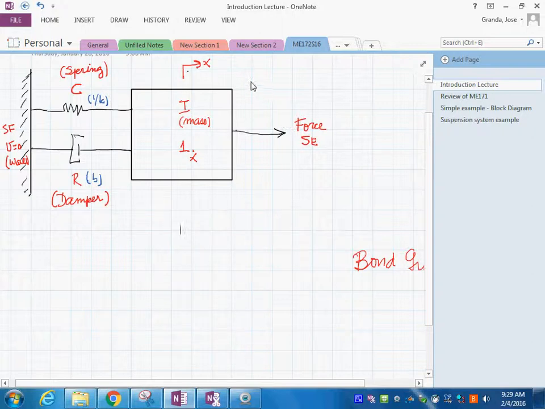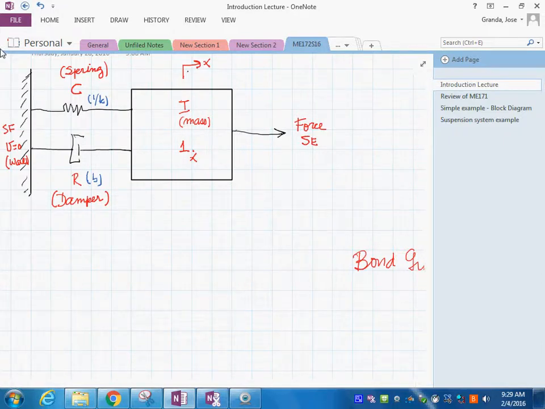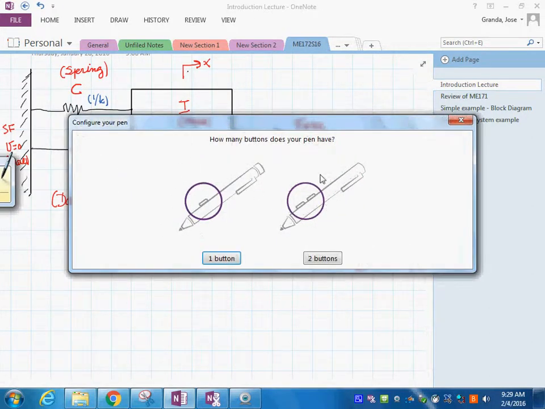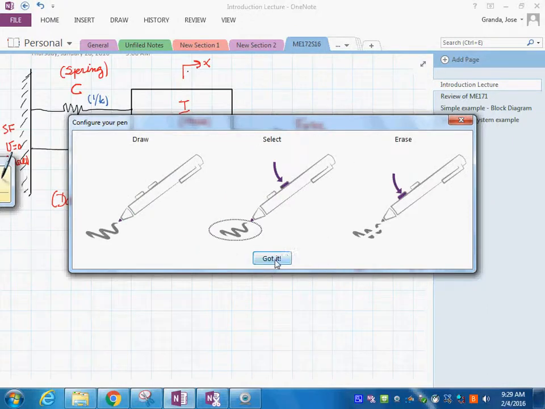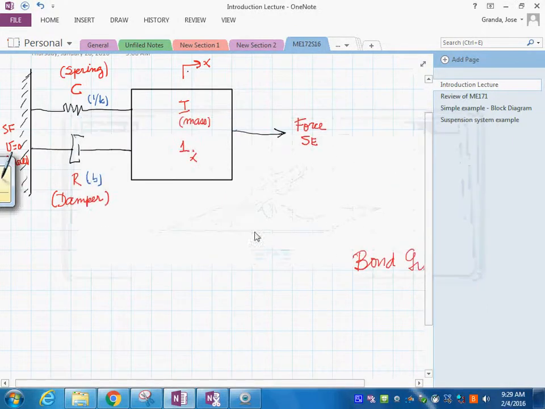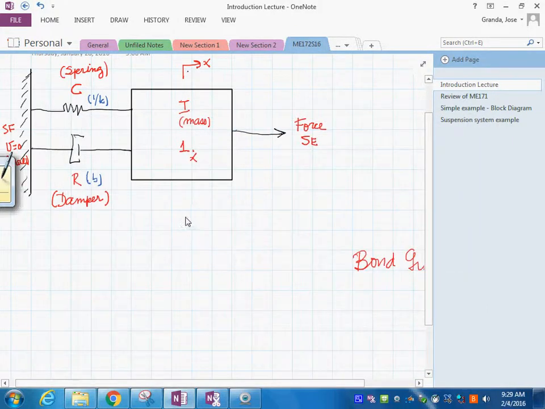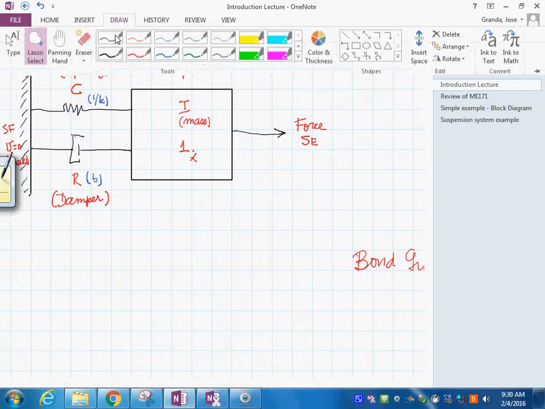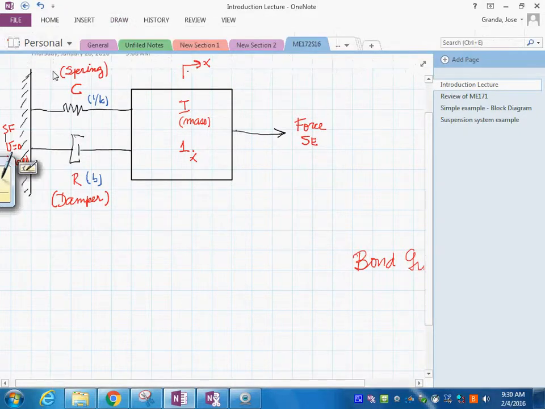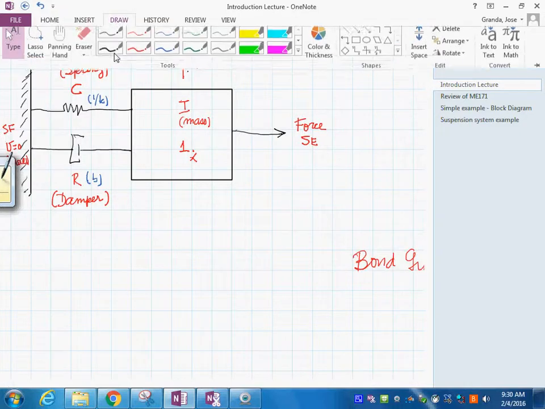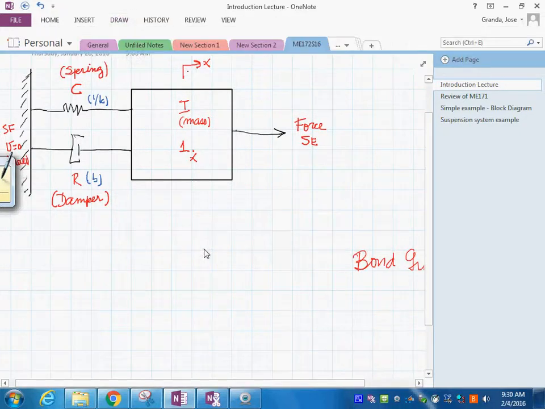Very good. So let's start now. And here I am going to take some steps that would allow me to do this model. So first of all, I need to be able to write on this, so I'm going to use this pen.